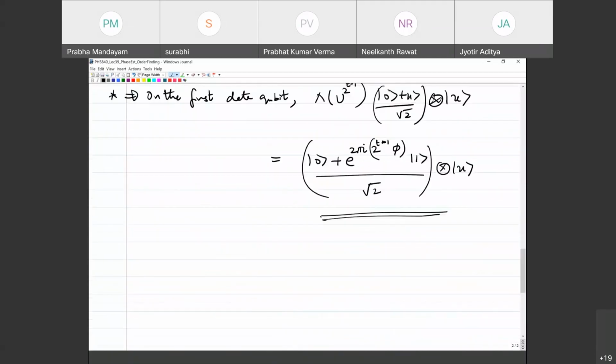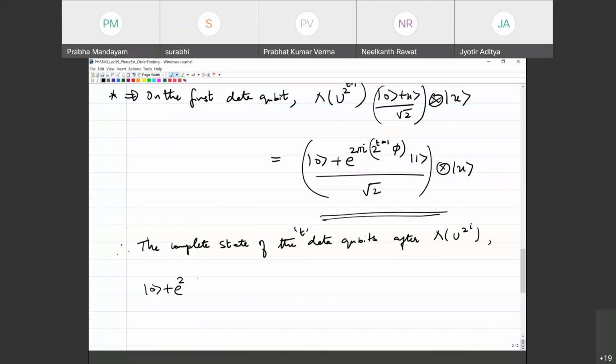So the complete state of the data qubits, the t data qubits, after all the controlled U raised to 2 to the i, right? So remember, the first one is in the state 2 raised to t minus 1 phi.